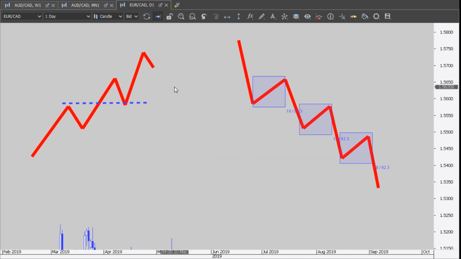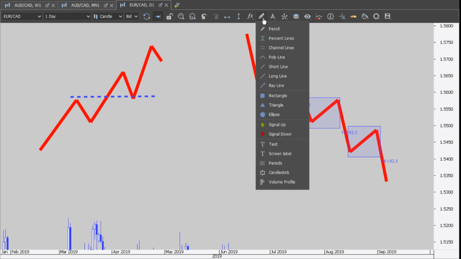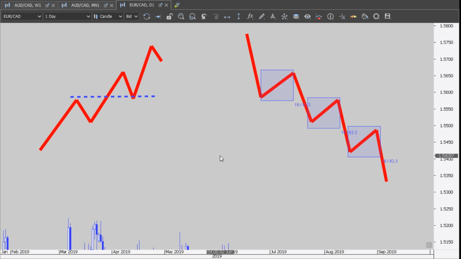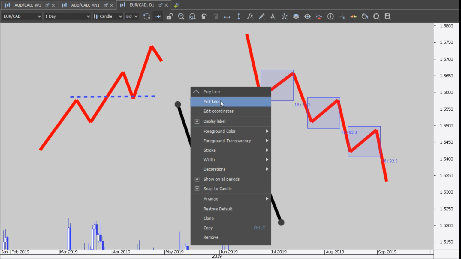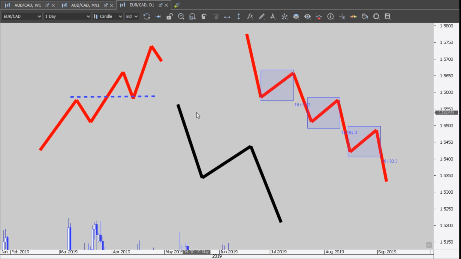Before we move further, question for you, everybody. If this is structure, let's make it black. If black is structure, and inside this structure you are going to have the short-term trends, right?